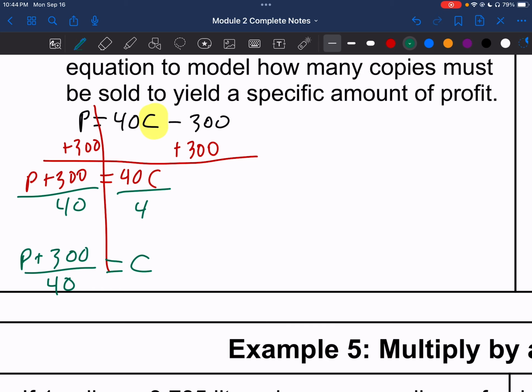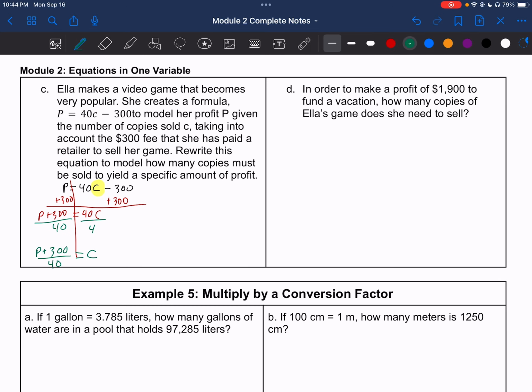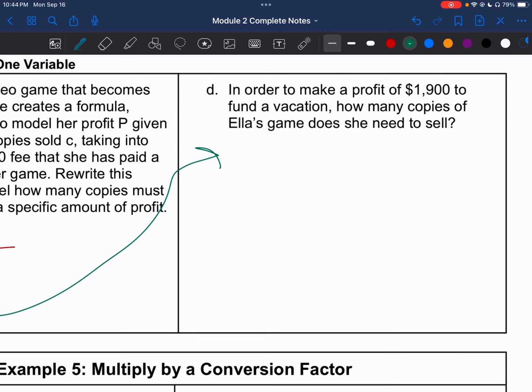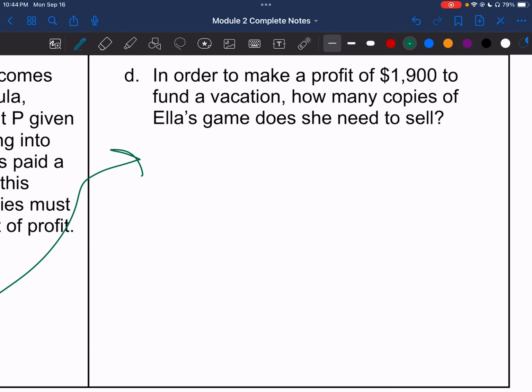Now, our next question is that in order to make a profit of $1,900 to fund a vacation, how many copies of Ella's game does she need to sell? So we're going to substitute in what we know now, which is $1,900 is profit.